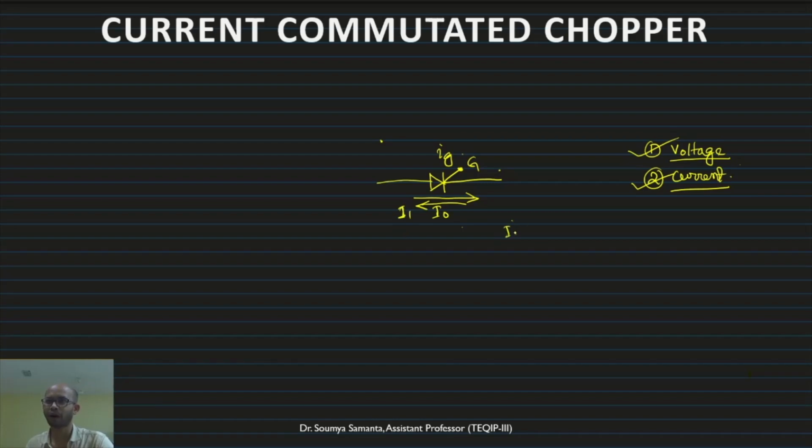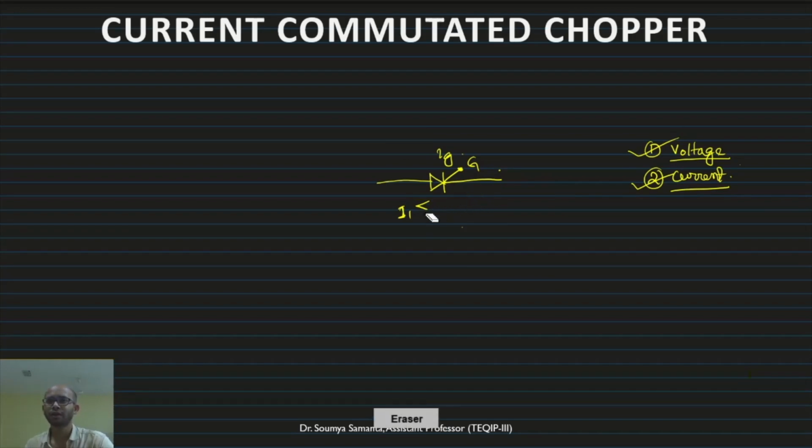The moment I1 is more than or equal to I0, the net current in the forward direction goes to 0. The moment the net current comes below the holding current, the thyristor turns off. That is the basic philosophy of the current commutation or the current commutated thyristor.